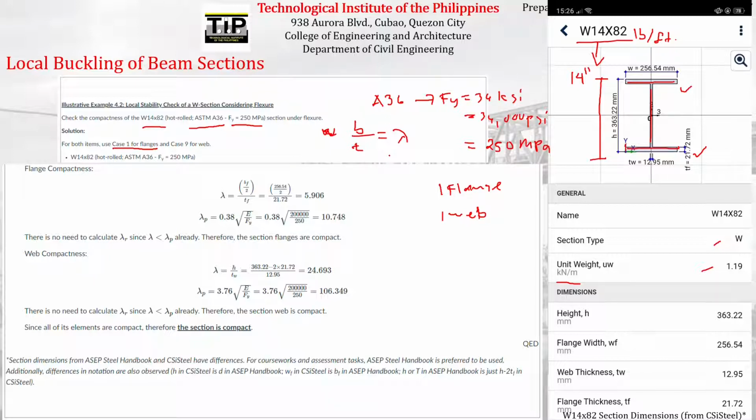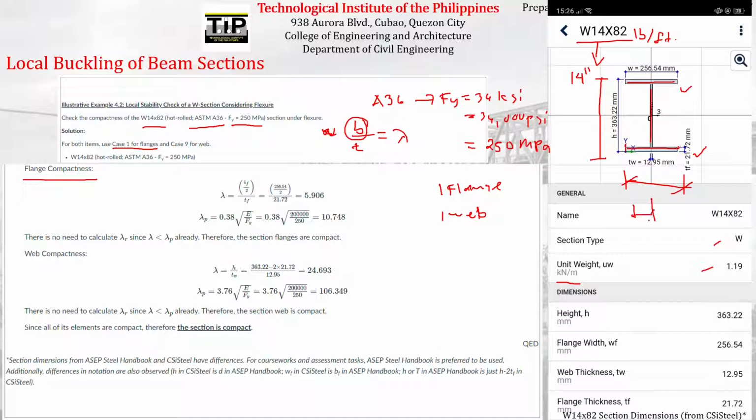Although you have to realize that the width thickness ratio is not always the literal width over thickness ratio. Just like in the case of flange compactness, the width that is defined in the code is not actually the total width of the flange. It's not this, but half of that.